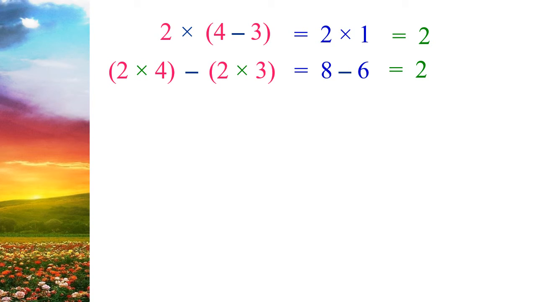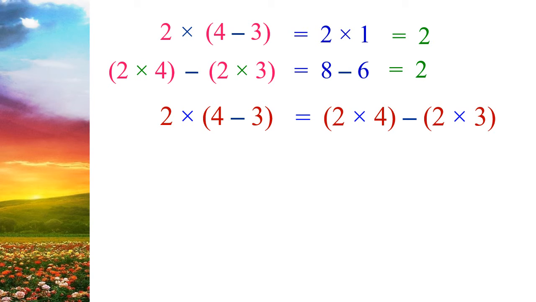See children, here both results are the same. That is, we can write 2 into (4 minus 3) equal to 2 into 4 minus 2 into 3. We learn from this, when a number is multiplied by the difference of two numbers, it is equal to multiplying each of the two numbers by it and finally subtracting the values.